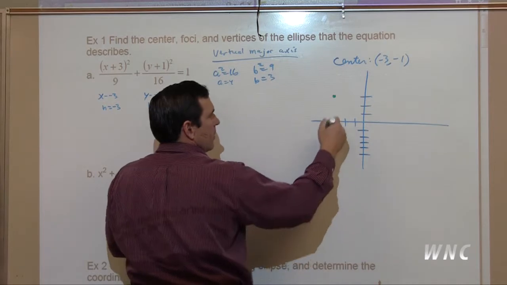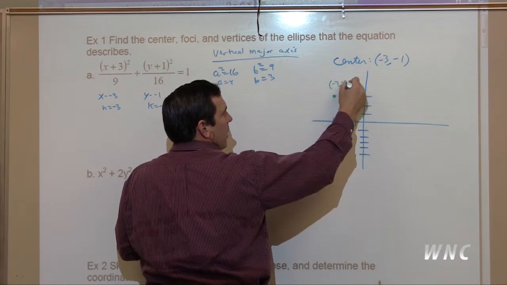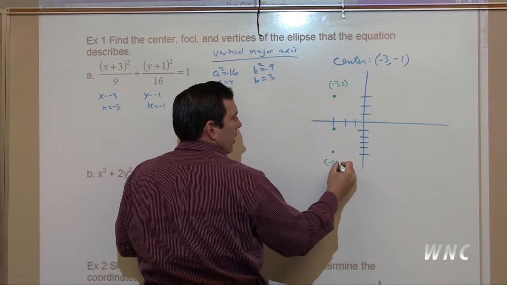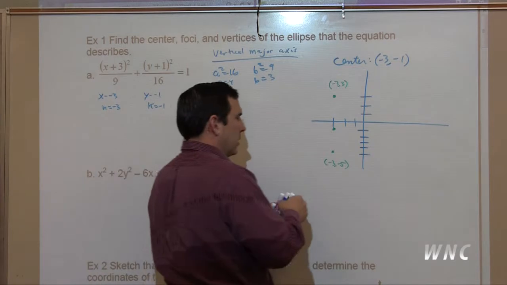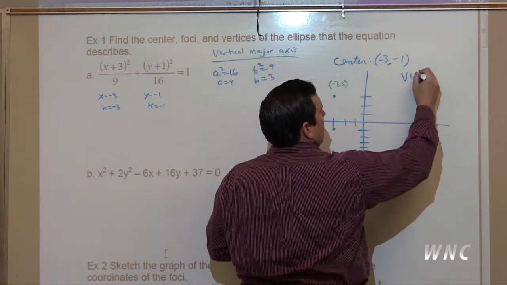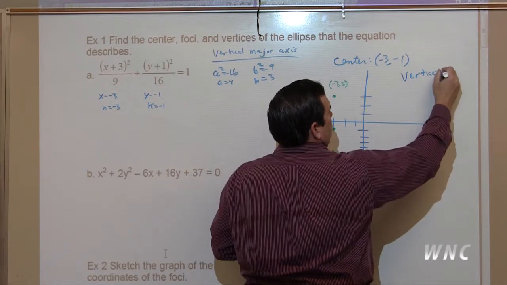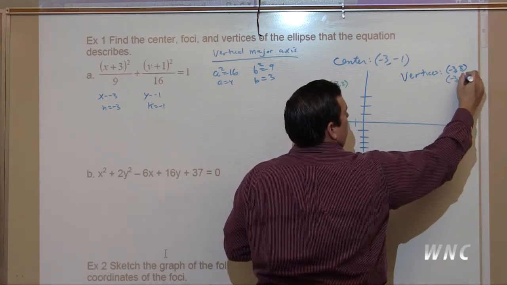These are the vertices. So this vertex is located at negative 3, 3, and this is at negative 3, negative 5. So we have vertices at negative 3, 3, and negative 3, negative 5.